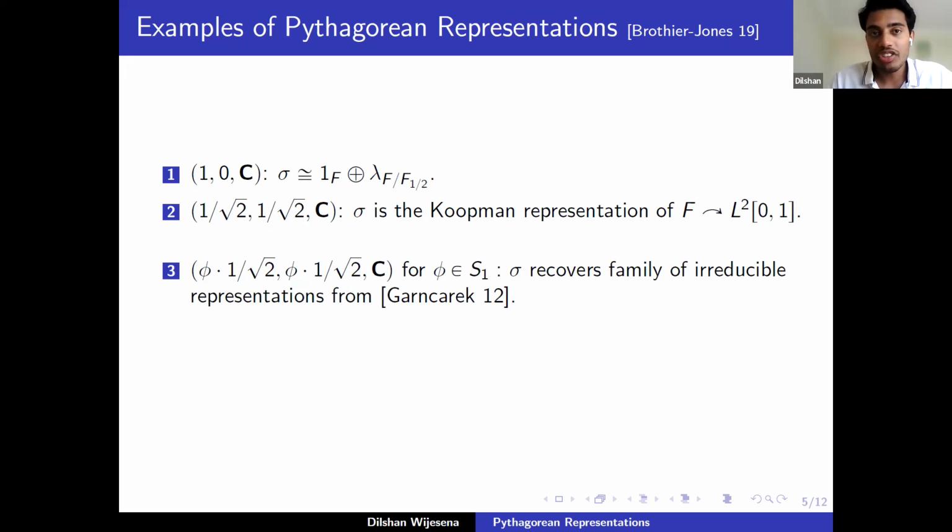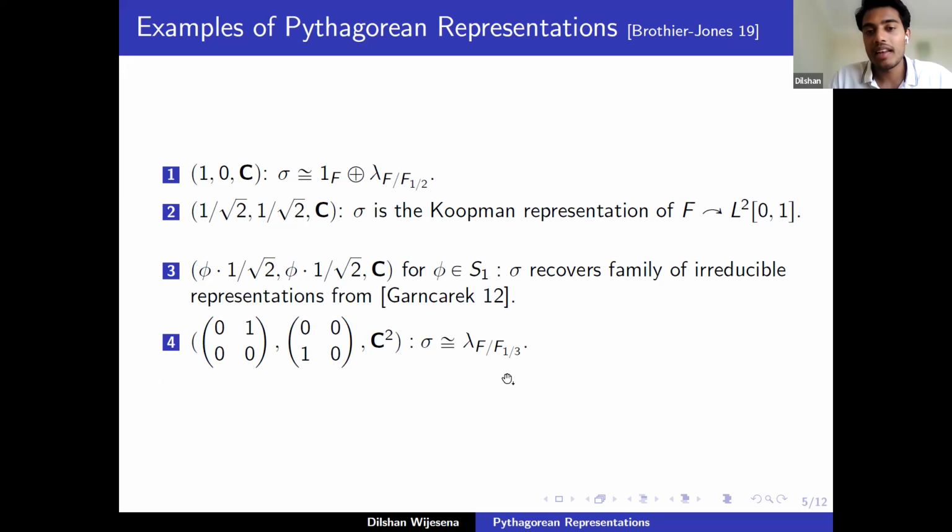This gives an indication that Jones' machinery is quite powerful, and we can possibly construct new examples of irreducible representations of F. And spoiler alert for anyone who hasn't read the abstract, that is the case, and we'll see that a bit later in the talk. Just to give one more example, this is an example in 2 dimensions, and this again will give us a quasi-regular representation, which is different to the one in the first example.